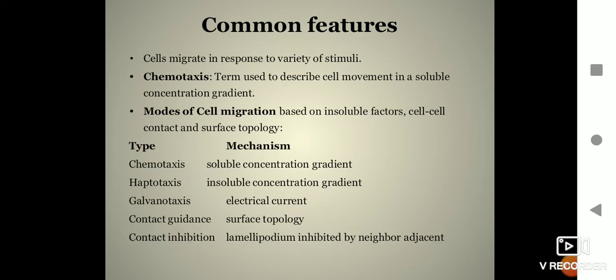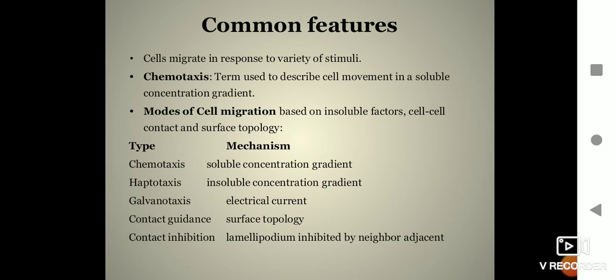So let us see what the common features related to cell migration are. Chemotaxis is generally the term used whenever we think about cell movement in a soluble concentration gradient, like we saw in the second unit when we were talking about how to measure the movement of the cell.